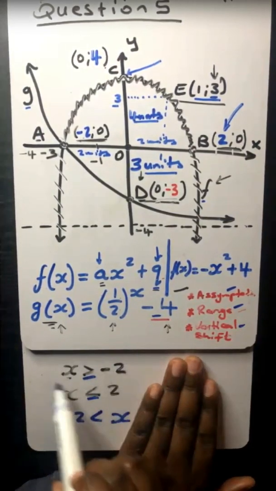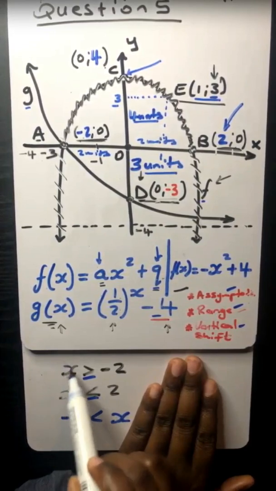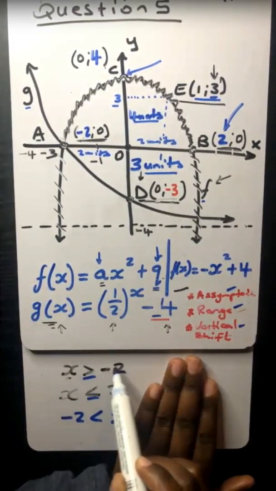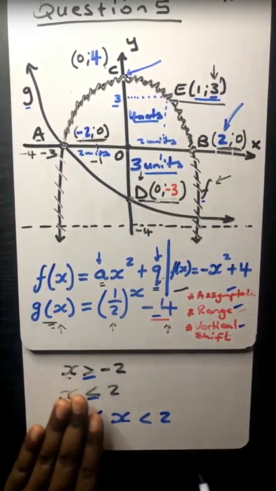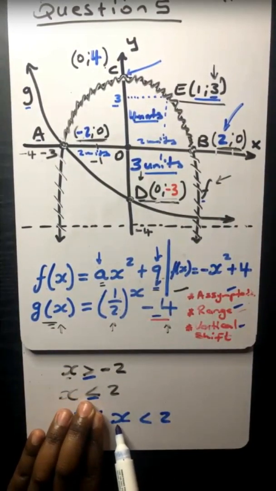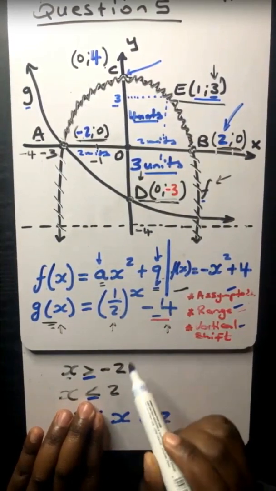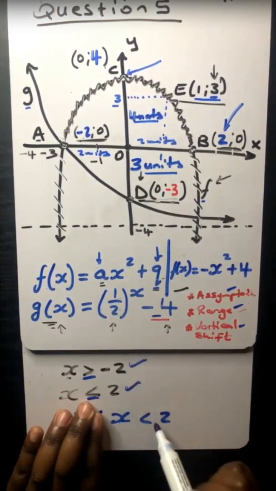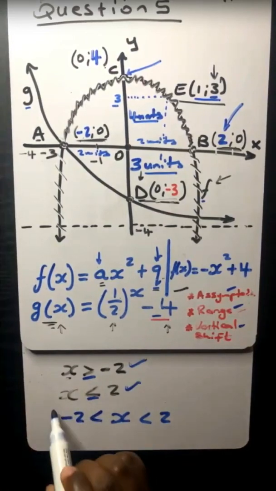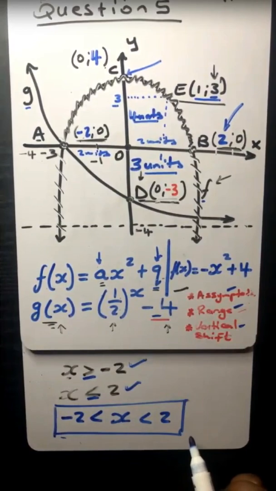If -2 is smaller than x, that means x is actually greater than -2. Then on this part, x is actually less than 2. So we have satisfied both of these, but to mathematically represent it, you write it like this.